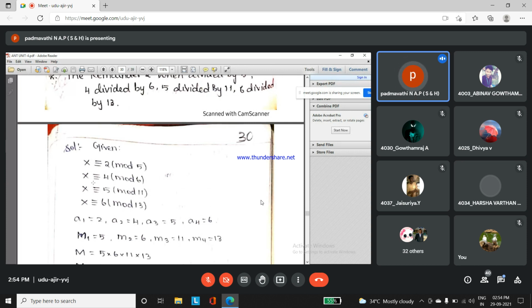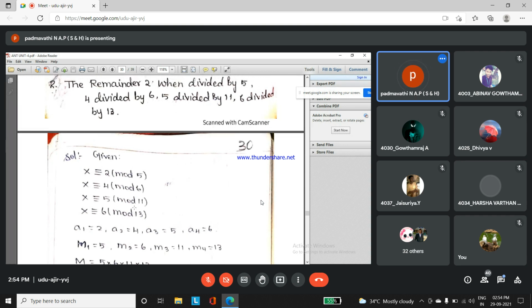Then x is congruent to 4 mod 6, x is congruent to 5 mod 11, then x is congruent to 6 mod 13. Same method Chinese remainder theorem use பண்ணி, ஓகேவா.